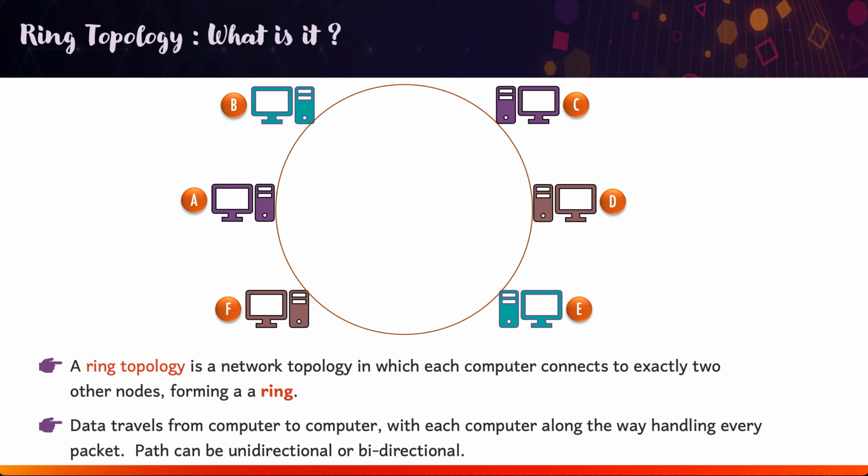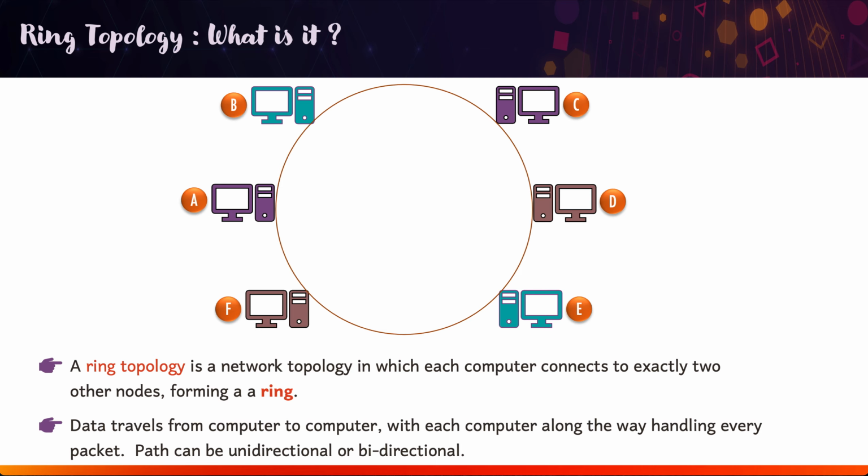Therefore we have a problem, and that leads to collisions. And then we know there is something called CSMA, carrier sense multiple access, which while it may bring some predictability, it is still inefficient. How does that problem get solved in ring? Because here also we are using the same wire.